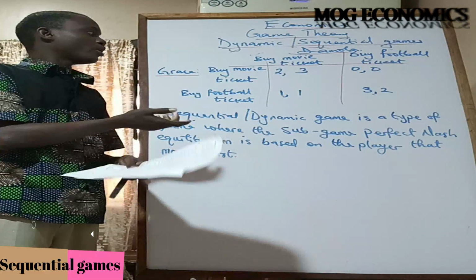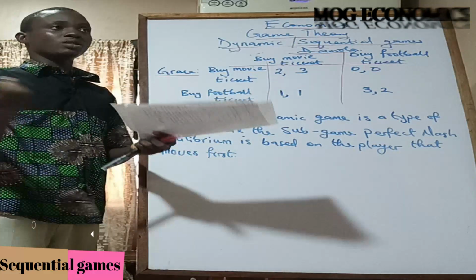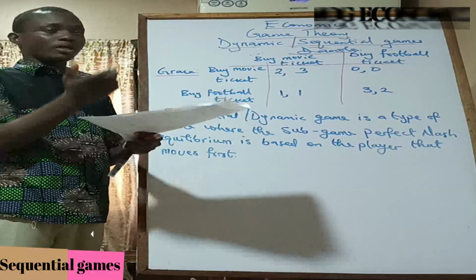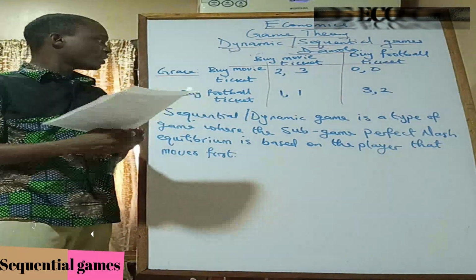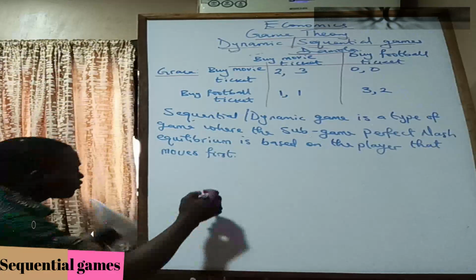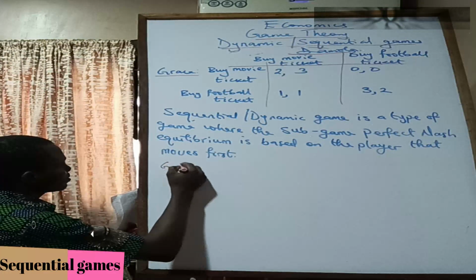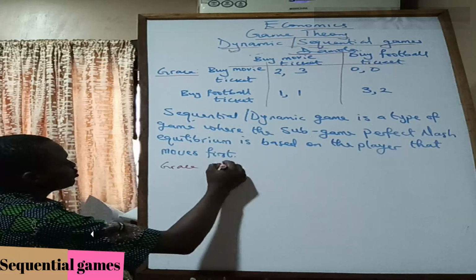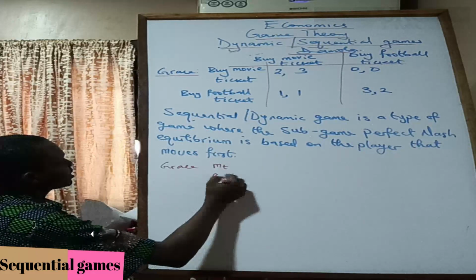But before we get to that point, looking at this, what are the dominant strategies for both players? Let's start with Grace. Grace has the choice between movie tickets and football tickets, MT and FT.